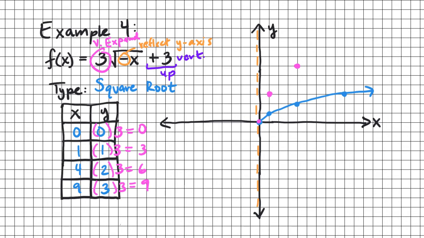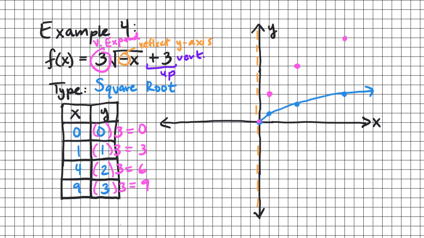And then 9, 9, so to the right 9 and then up 3, 6, 9. Let me just check if it's 1, 2, 3, 4, 5, 6, 7, 8, 9.